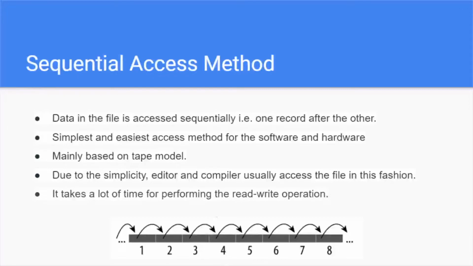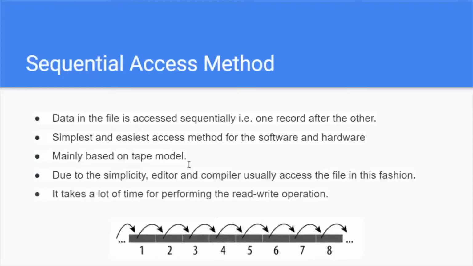First we'll have to access record number 1, then record 2, then record 3, then 4 and so on. We have to go sequentially to access all the records of the file. It is the simplest and easiest method for the software and hardware. It is mainly based on the tape model.